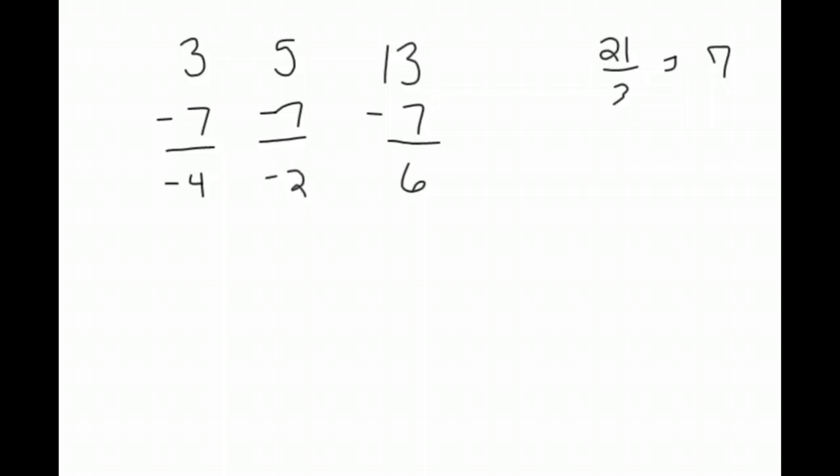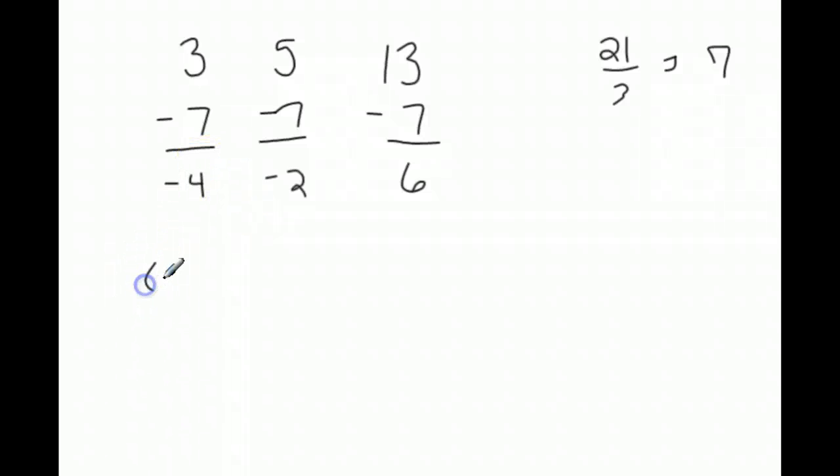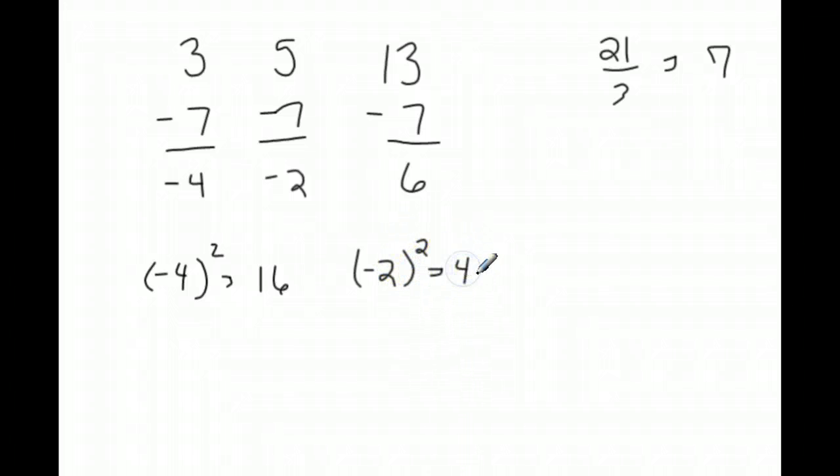After that it says to square these values that we just came up with. So I'm going to square -4. That gives me +16. I'm going to square -2. That gives me a +4. And then I'm going to square 6. That gives me 36.